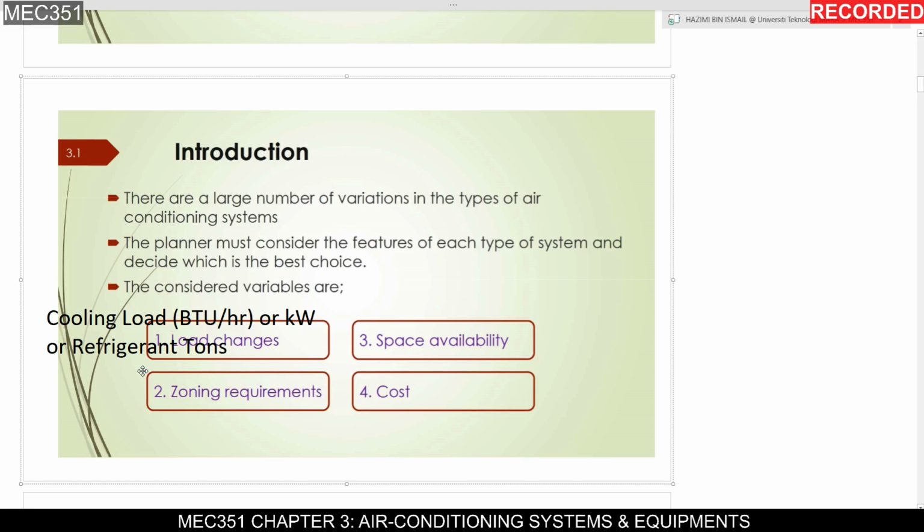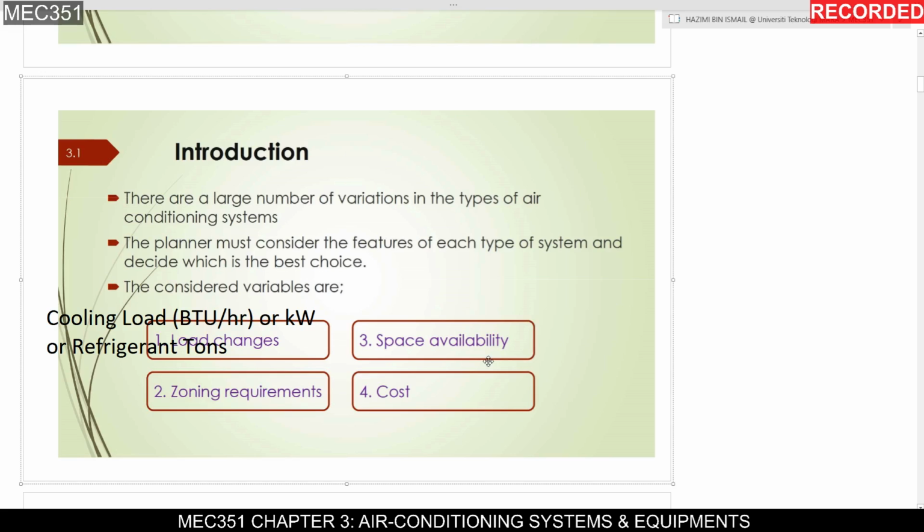So as an engineer, before we design our aircon system, we need to know the zoning requirement. Okay, the third one is space availability, because if a space doesn't have enough room for our system, we have to find an alternative system.